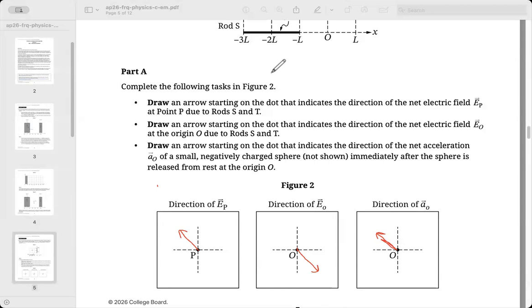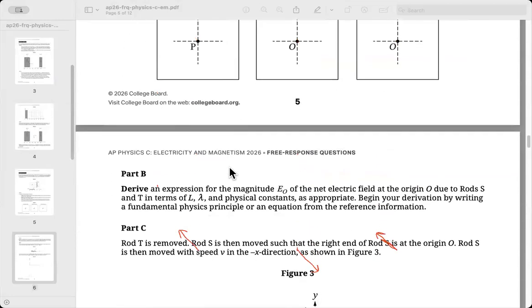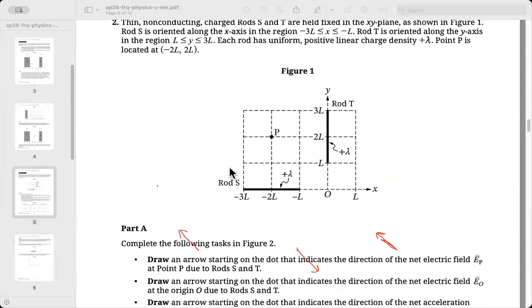Both of the rods have positive charge density, so their electric field should point away from the two rods. And because you have a negative charge, the negative charge is going to accelerate in a direction opposite of the electric field.